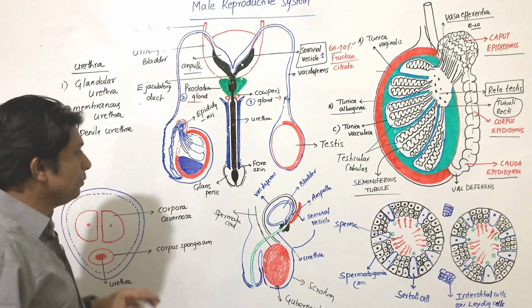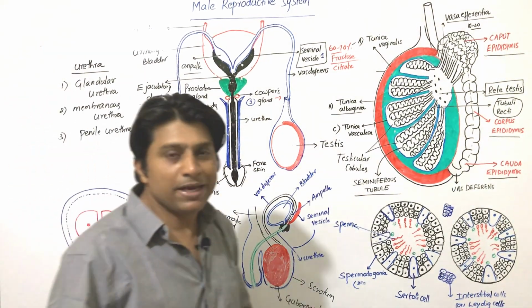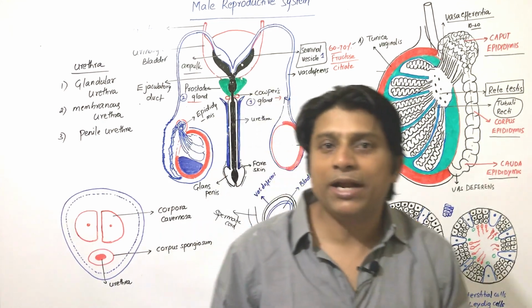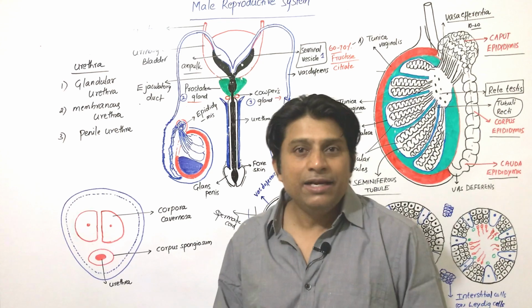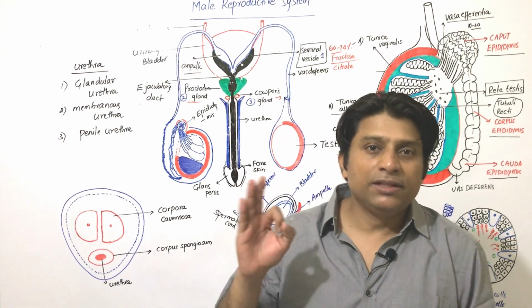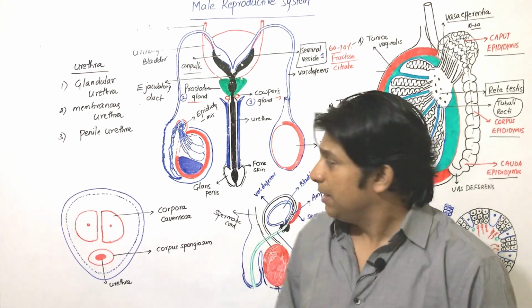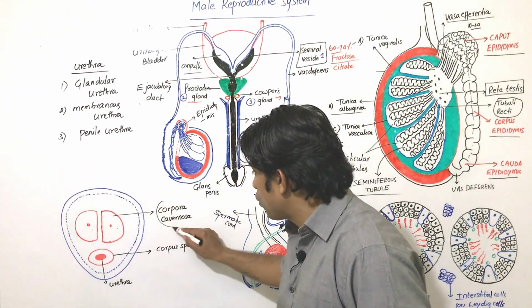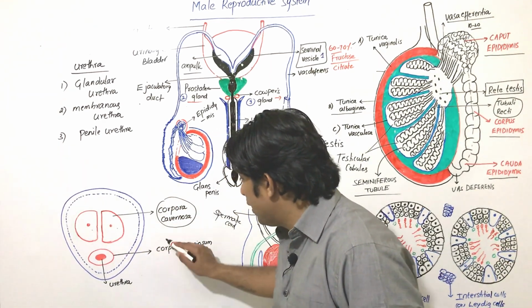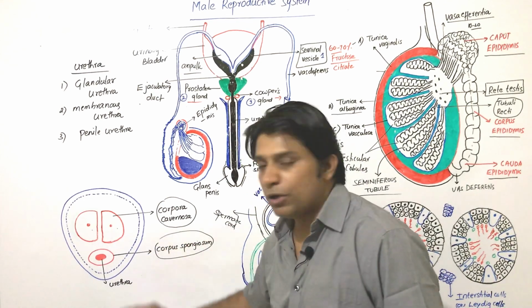Next, coming to the male copulatory organ, penis. Penis is the male copulatory organ. Now penis is internally covered with 3 columns of muscles, whereas the anterior 2 columns of muscles are called corpora cavernosa and 1 column of corpus spongiosum.